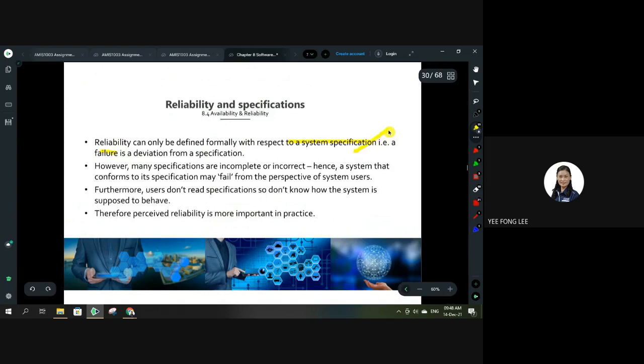There are two problems with this definition actually. First, the software specification is often incomplete and incorrect. It depends on the software engineer on how to interpret the system.